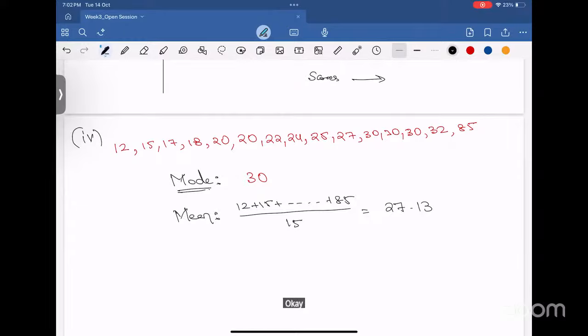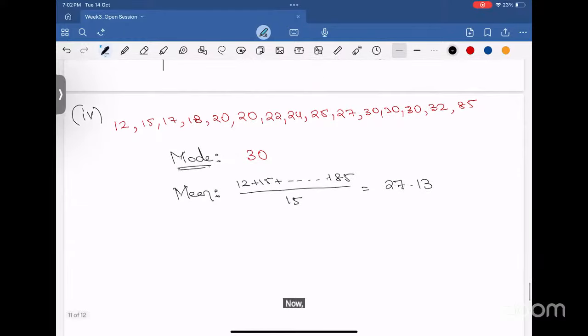Okay, great. Now median is basically the value at which 50% of the data points are lesser than that and 50% of the data points are greater than that. Right, so since this is an odd number of data points, we don't have to worry too much.